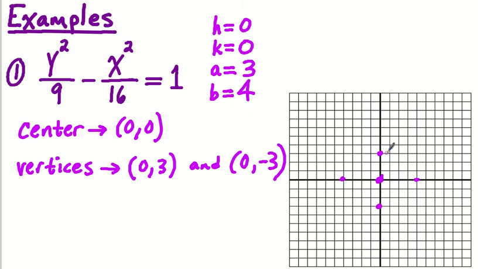Now again, it's not technically part of the graph, but here's the rectangle, and so my asymptotes would go like this through the corners.